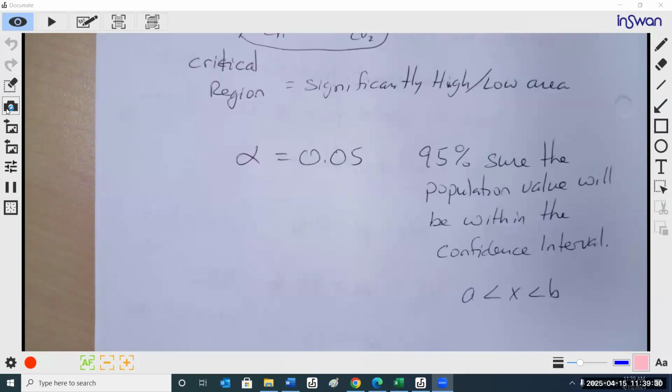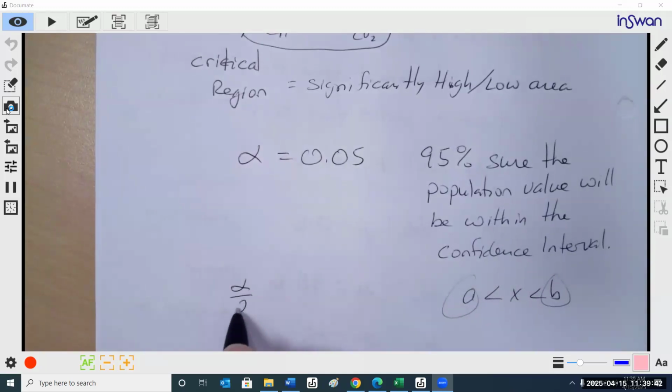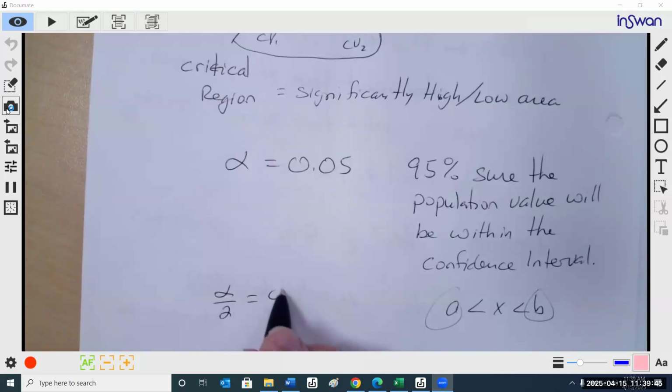There's an interval. So we have to figure out what these two values are here. That's a two-tailed test. So if we have a two-tailed test, as we did in the past, we divide it by 2.